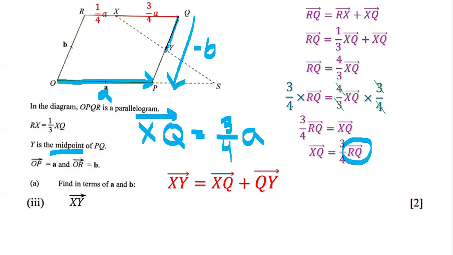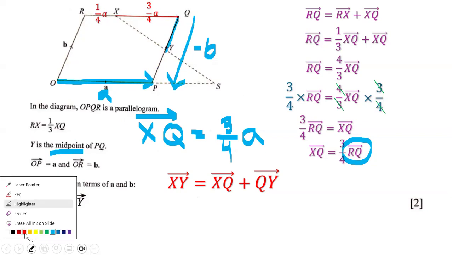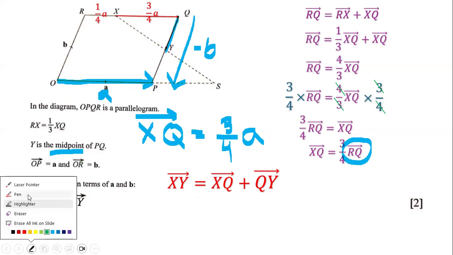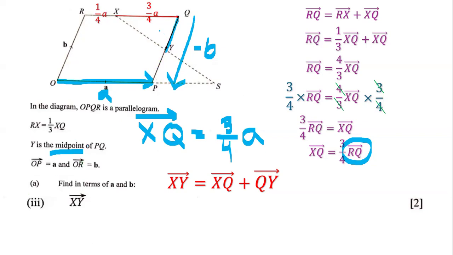QY would be equal to, let me use this pen, QY would be equal to negative a half B, because Y is the middle.